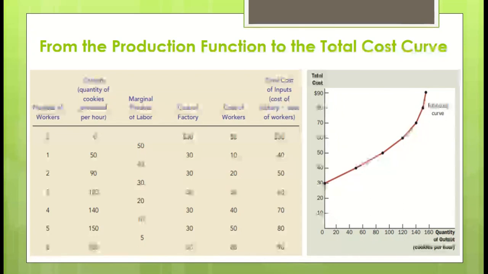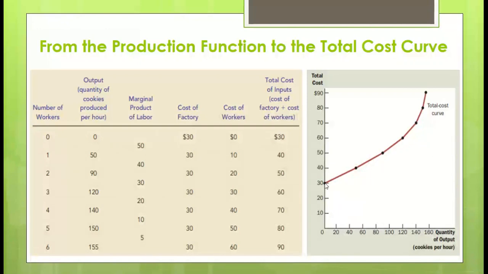Here if we see that 0 units are produced, the quantity of output is 0 units. Against this 0 unit, we have a total cost of $30 at this point.